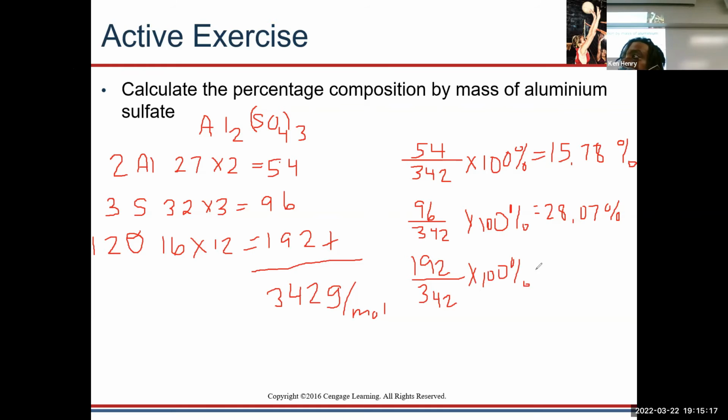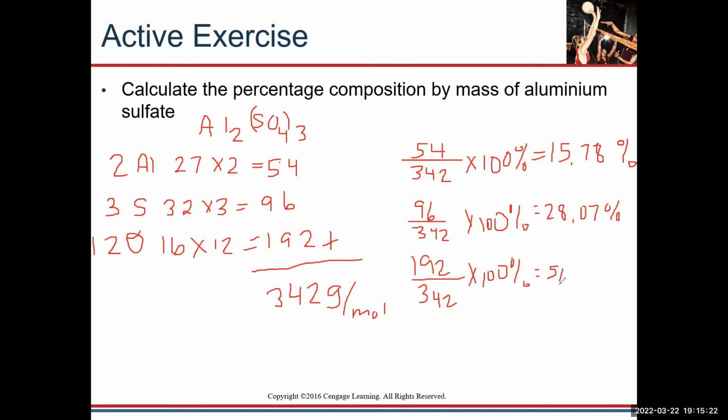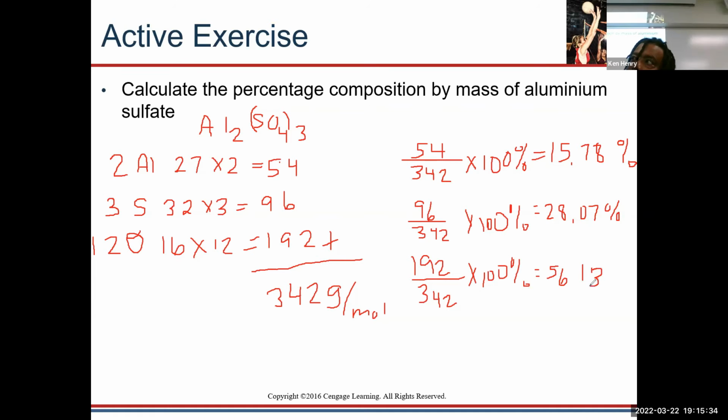Okay, what do you guys get? 56.14. So it should be 1, 5, right? Because they should add up to 100%.